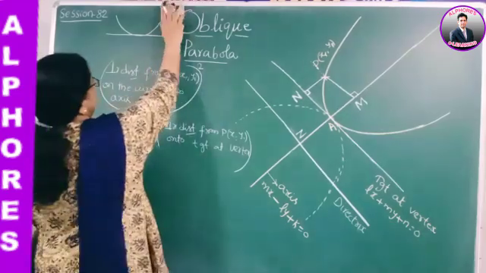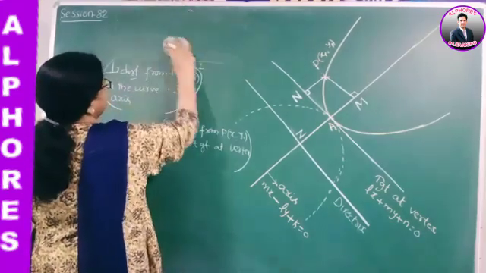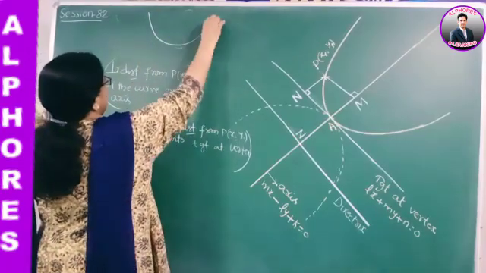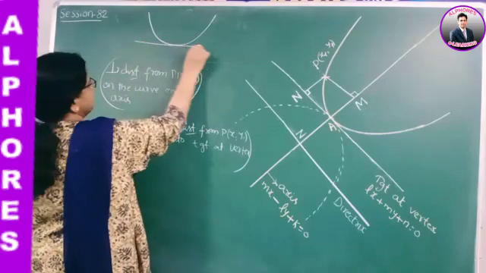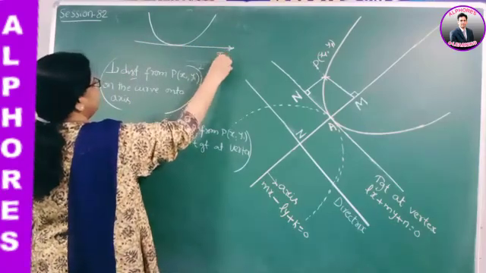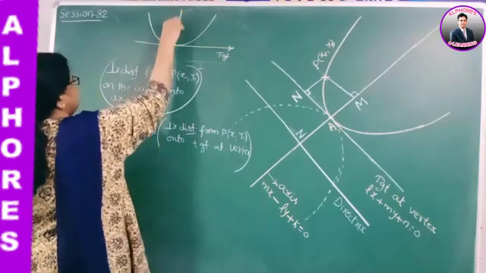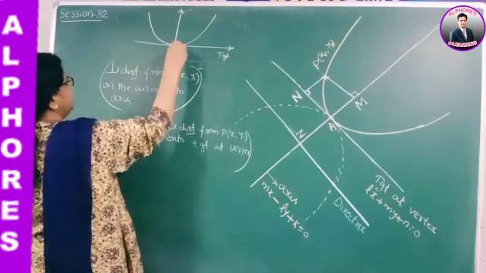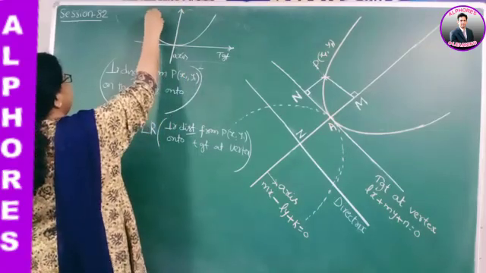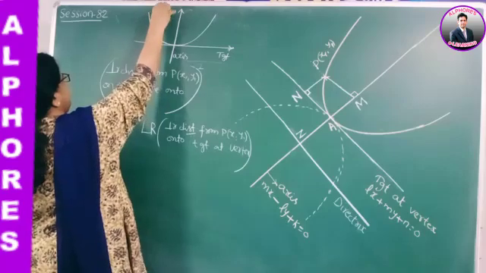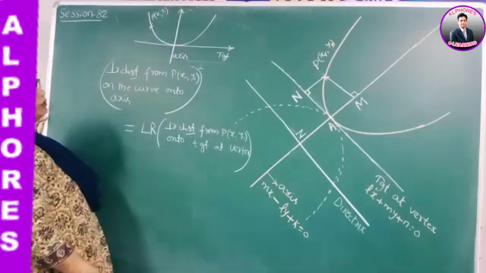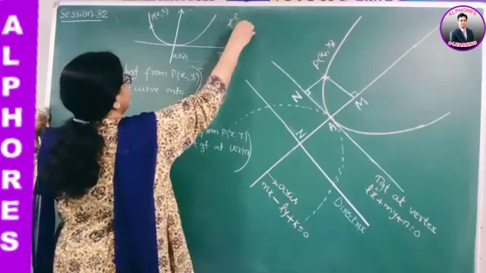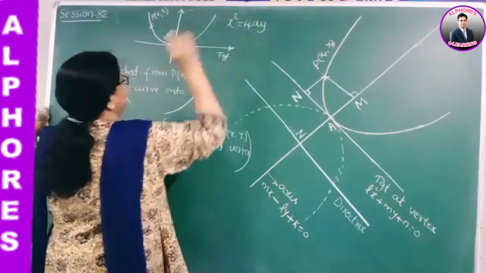Now if I take this parabola x square equal to 4ay, like this is the curve, and now this one is our tangent at vertex and next this is our axis of parabola. And now P of x1 comma y1 is this point. The standard form is x square equal to 4ay.